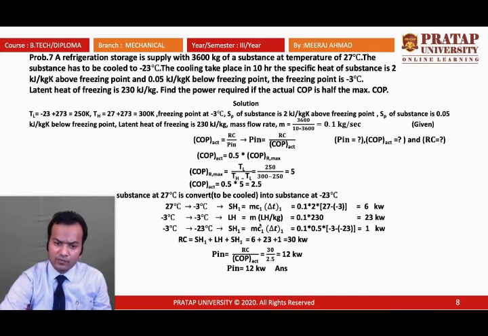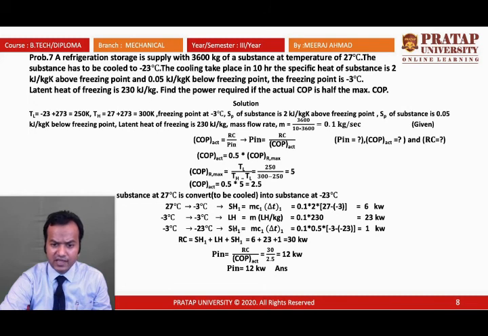Then we have to cool below minus 3 degrees Celsius. So the substance at minus 3 degrees Celsius is converted into minus 23 degrees Celsius, and the sensible heat should be extracted.